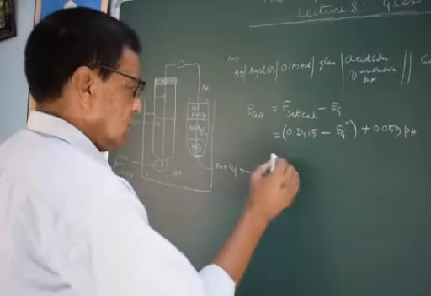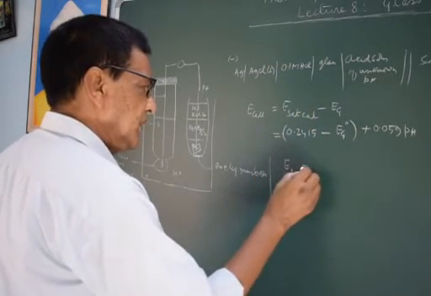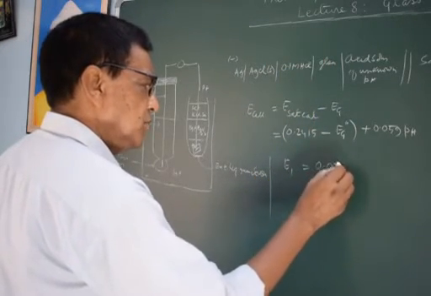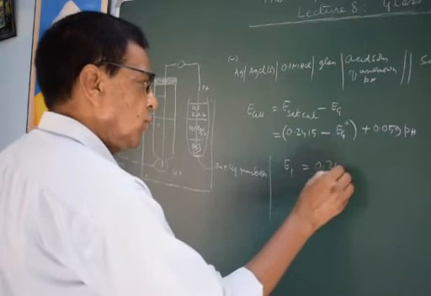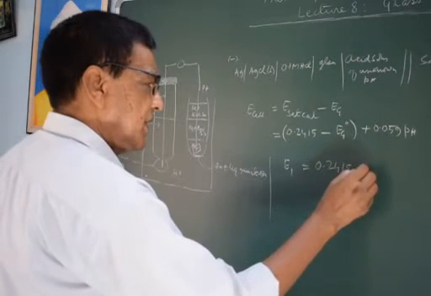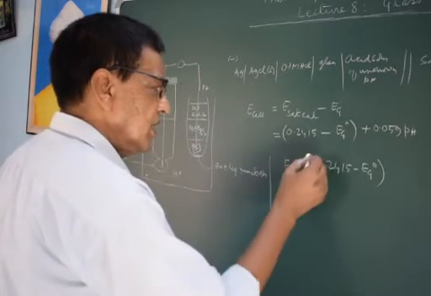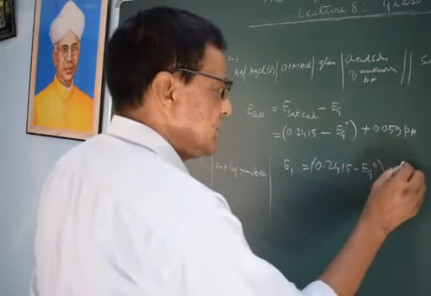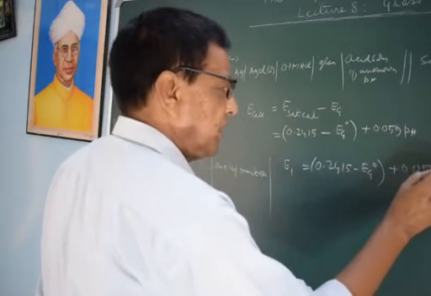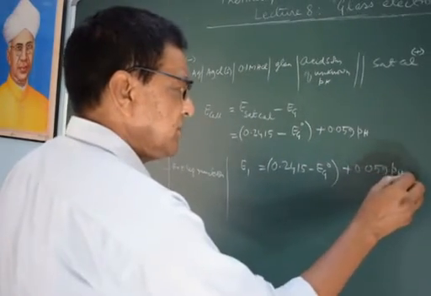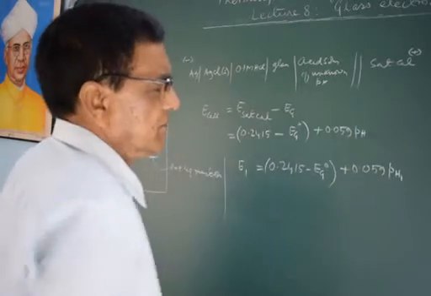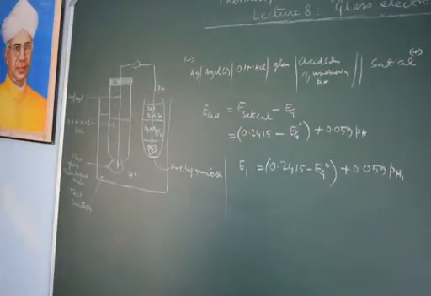Suppose for a solution of pH1, E1 = 0.2415 − E_j⁰ + 0.059 pH1, where pH1 is the pH of the buffer solution of known pH value.